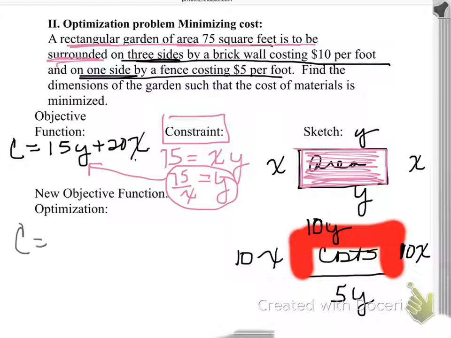So C is going to equal 15 times, and I'm going to have the y replaced by 75 over x, plus 20x.